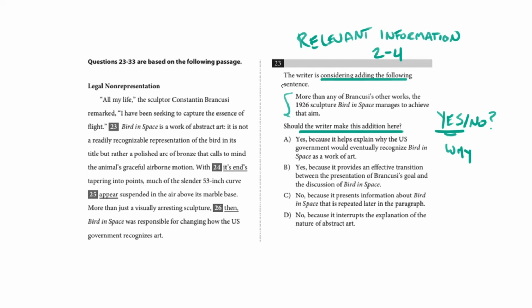So let's take a look at the immediate context for the question. "All my life," the sculptor Constantin Brancusi remarked, "I have been seeking to capture the essence of flight." And the sentence, whatever it is, would go in here. "Bird in Space is a work of abstract art. It is not a readily recognizable representation of the bird in its title, but rather a polished arc of bronze that calls to mind the animal's graceful airborne motion."